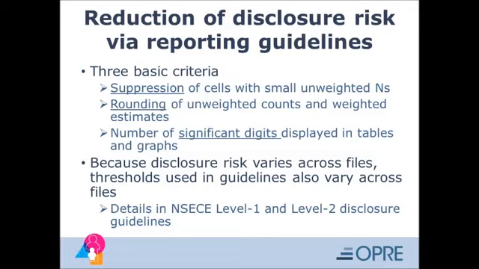So there are detailed disclosure guidelines for restricted level 1 files and detailed disclosure guidelines for level 2 files, and those vary, as I mentioned before. They're strictest for CB, but they also vary across the other NSECE data files.